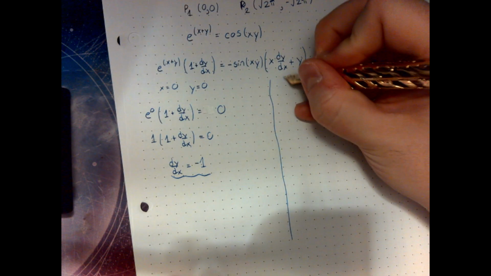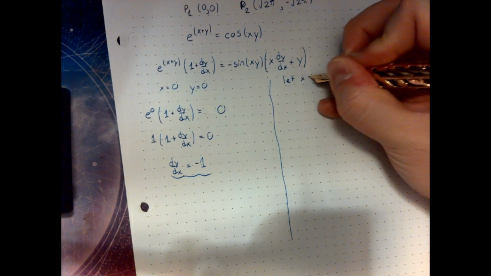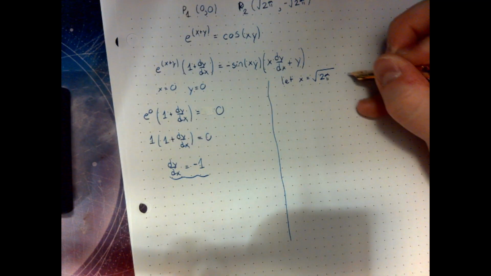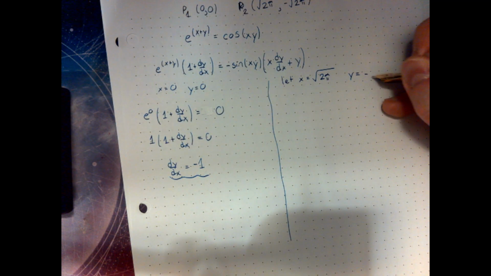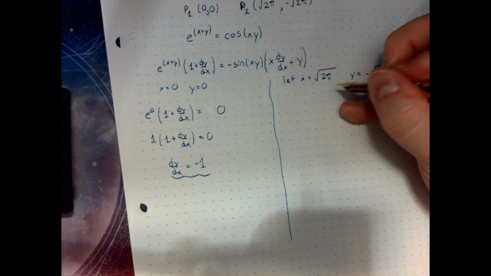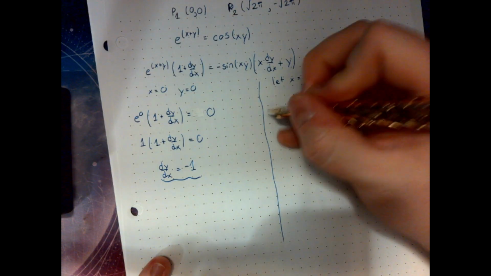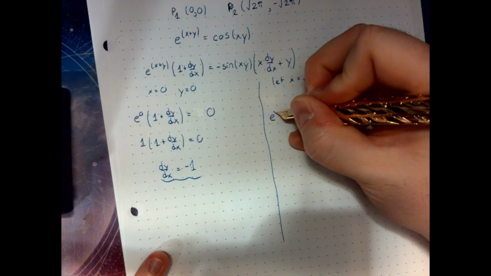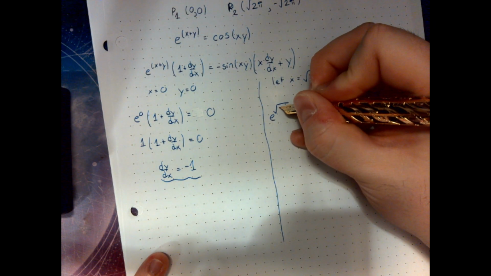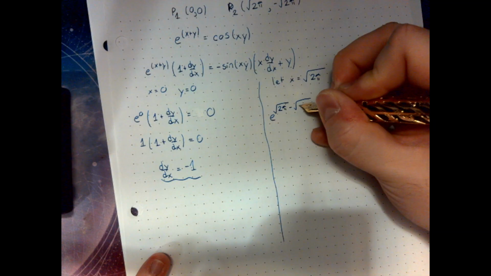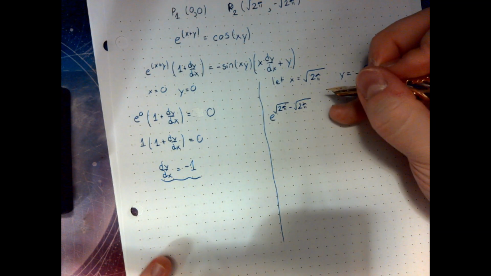Now let's try the same thing. Let x equal the positive root of 2 pi, and let y equal the negative root of 2 pi. Again, plugging in all my values, I'm not going to skip any steps, because I don't want anyone to get confused. This becomes e to the power of root 2 pi minus the same value, which simplifies to 0.